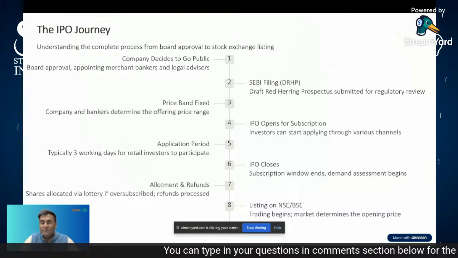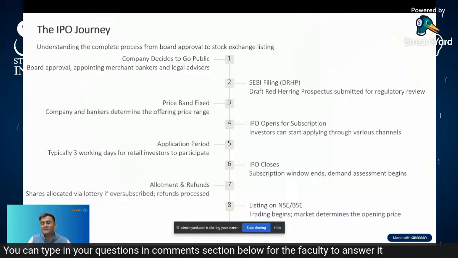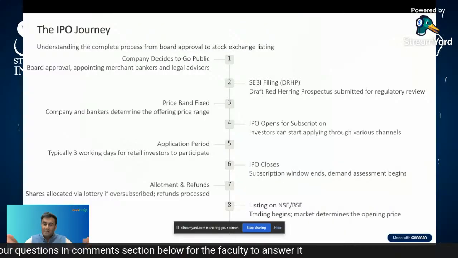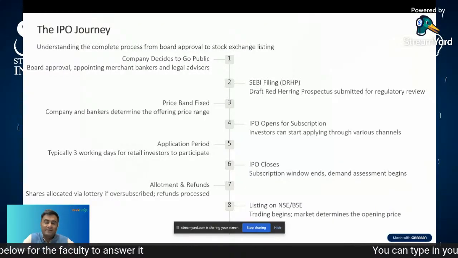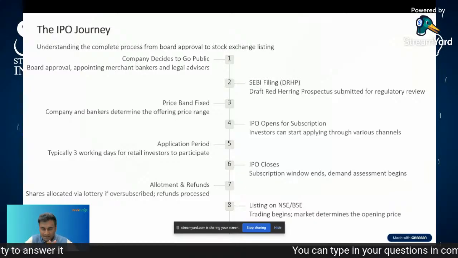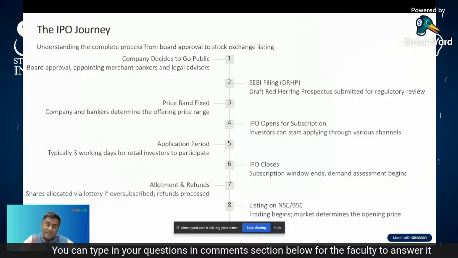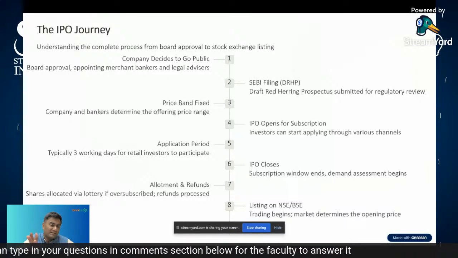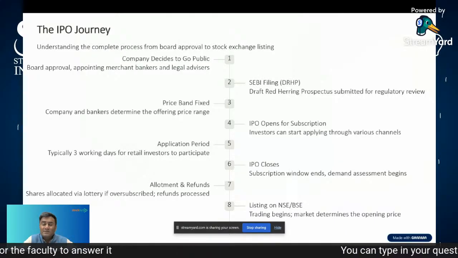Yes, if you have accounts of other members of your family, then yes, try to apply from different PAN card numbers. That might increase your probability of getting some allocation, but avoid applying from multiple accounts of your own name. So the application period now has come down to just 3 working days. Typically 3 working days for retail investors to participate.